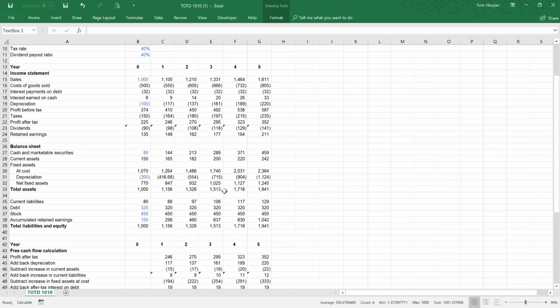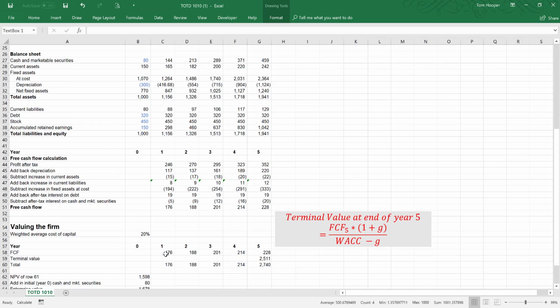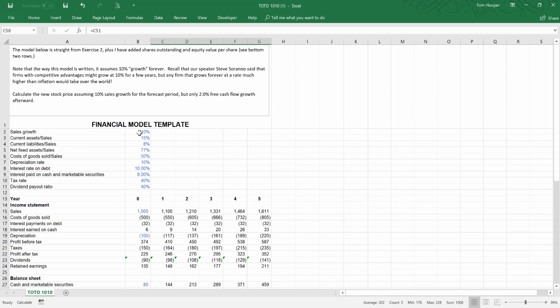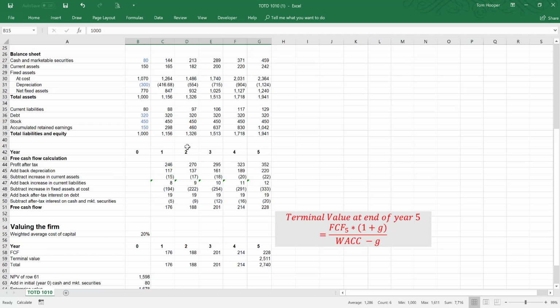And you may even recall that we talked in class about, does our cash flow ever really grow at that 10% growth rate? The 10% growth rate applies to sales, and we know that the sales grow at 10%, but let's see what the cash flow actually grows at.